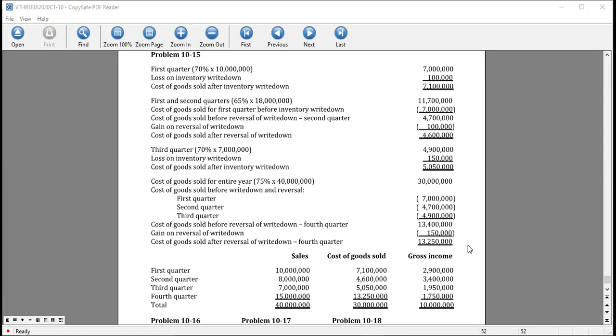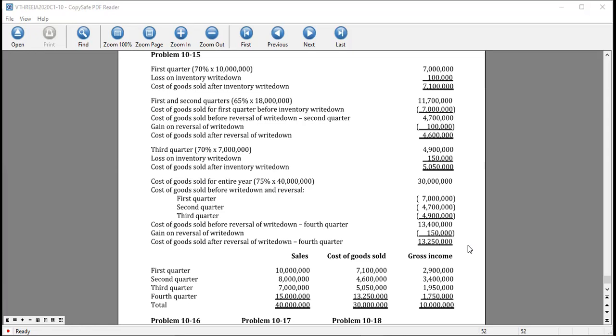If we multiply the cost of sales rate of 65% by 18 million, we get 11,700,000. That's the amount of cost of goods sold for the first and second quarters. So we are given total of 18 million.